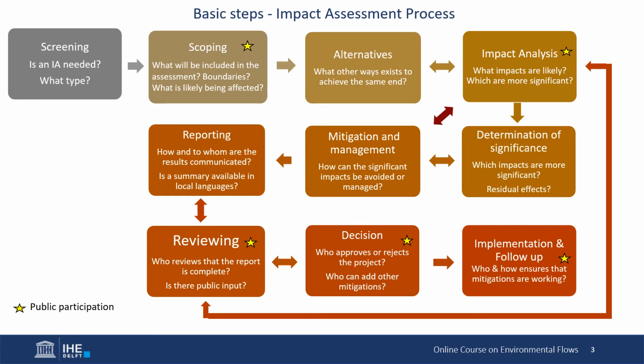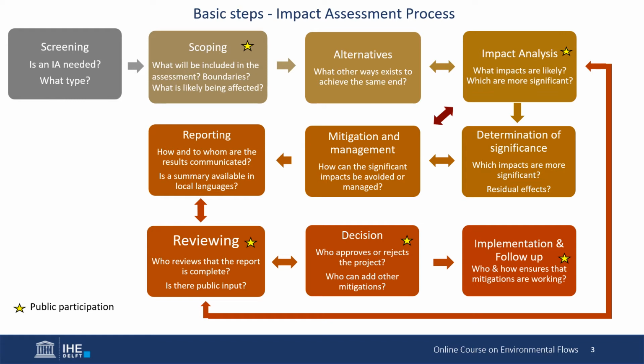You have noticed the different yellow stars in the diagram. So this indicates different steps in which the input of stakeholders is very important. Of course, depending on the regulations of each country, participation might be very limited or might be done during different steps.